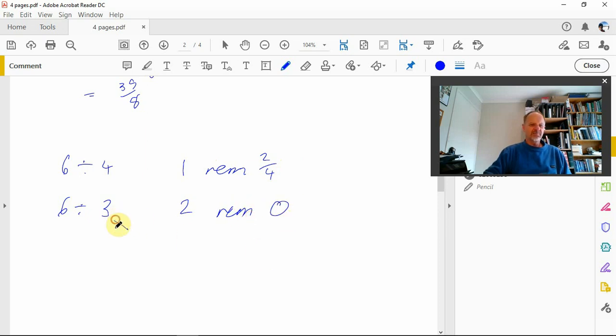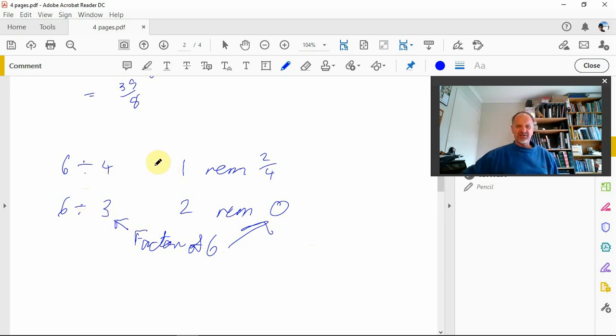So this number 3 we give a particular name in terms of the 6. What we say is it's a factor of 6 because it goes in evenly, because it has a remainder of 0. So if we use the same idea, remember maths is about patterns and maths very rarely has exceptions.